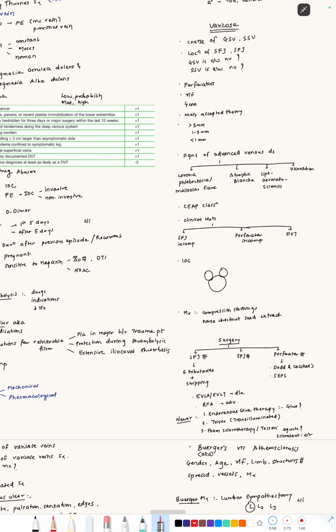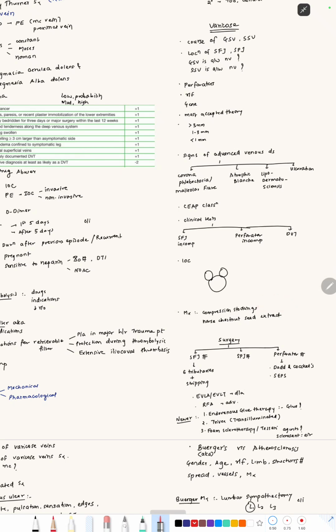The investigation of choice is the duplex. On the duplex, we get a Mickey Mouse structure, wherein the larger one is the femoral vein. Then there is the common femoral artery and the great saphenous vein. Together it forms a Mickey Mouse appearance. Then the next is the management using compression stockings. Grade 3 compression stockings with pressure of 25 to 35 mmHg are used.